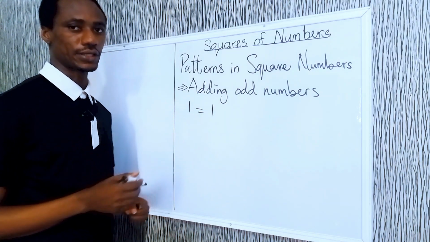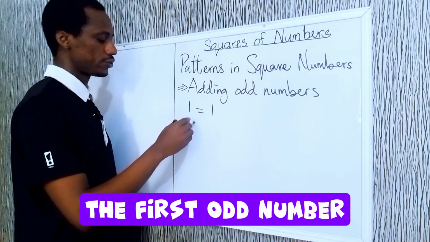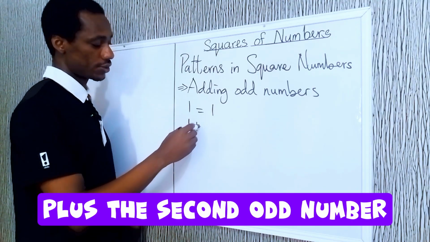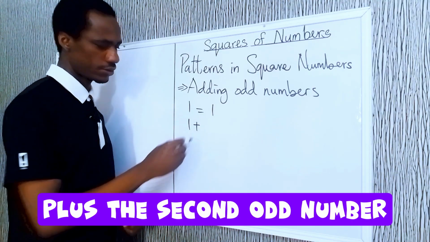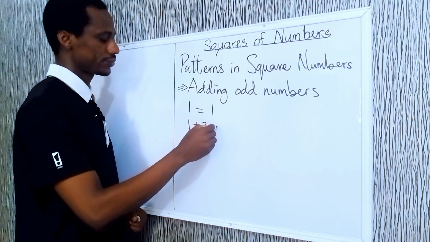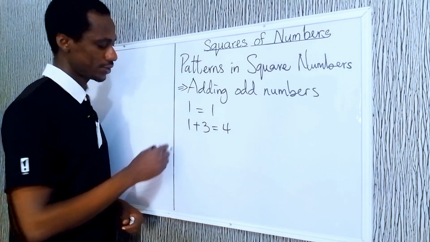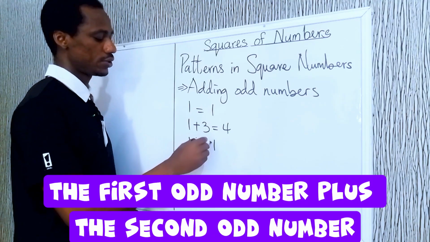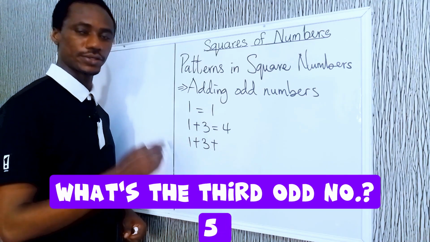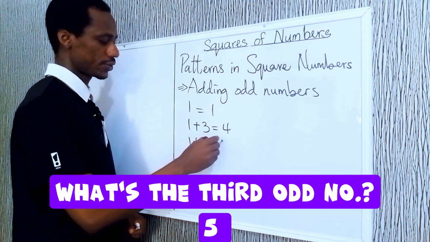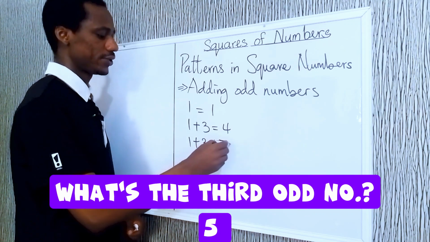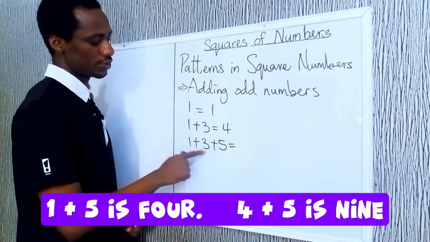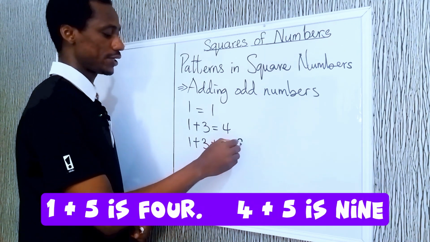So I'll just leave it at that. The first odd number plus the second odd number. What's the second odd number? 3, right? The first odd number plus the second odd number plus the third odd number. What's the third odd number? 5. Good. So 1 plus 3 is 4, 4 plus 5 is 9.